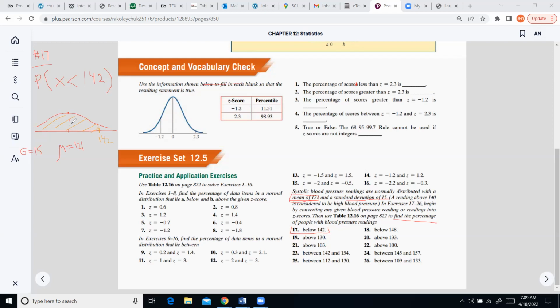So to be able to answer this question, I need to find the corresponding z-score. To be able to get probabilities, I need to use my tables, and z that will correspond to the number 142 is going to be found by using a special z-score formula.